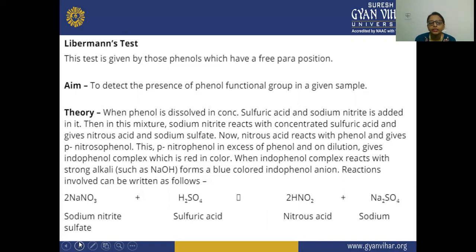The theory is that when phenol is dissolved in concentrated sulfuric acid and sodium nitrite is added to it, then in the mixture sodium nitrite reacts with concentrated sulfuric acid and gives nitrous acid and sodium sulfate.